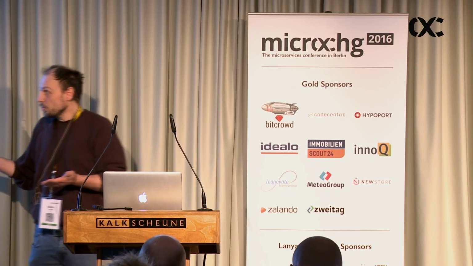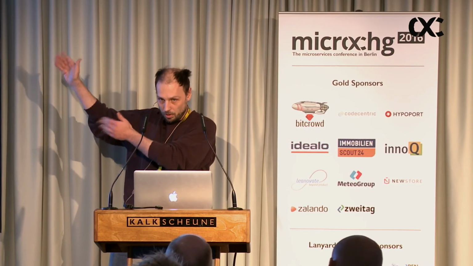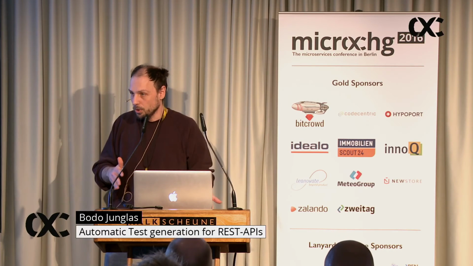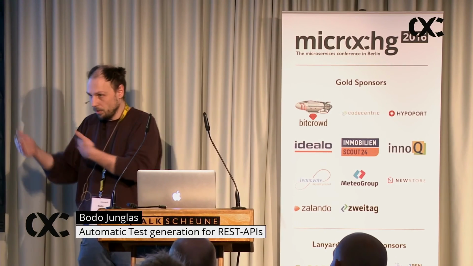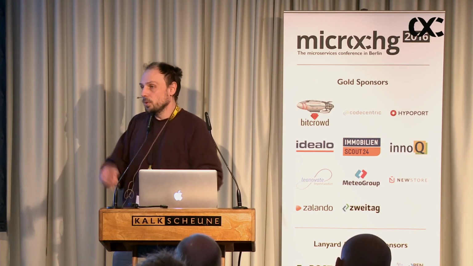And this also addresses the point of backward compatibility, because all the tests I've shown you, you can just duplicate with an older version of your Swagger file and see if your new deserializers, serializers, routers, and whatever are still compatible with your old version.